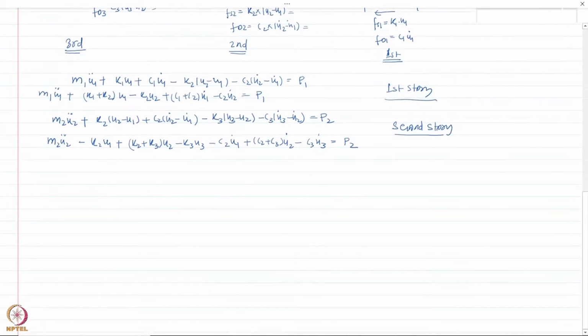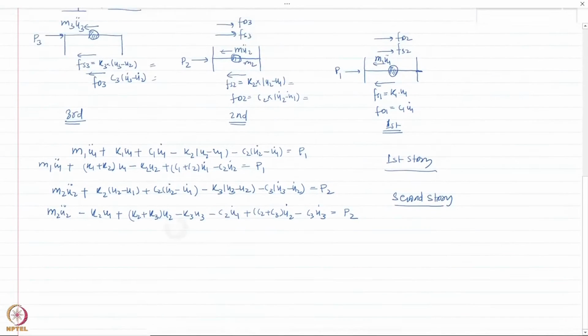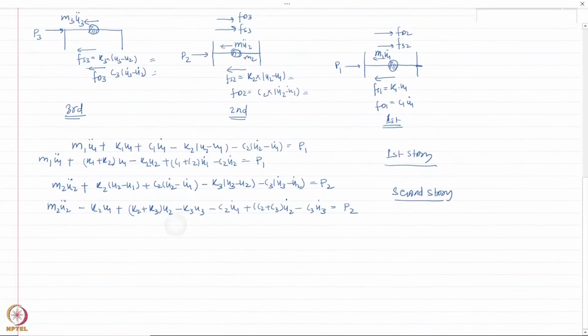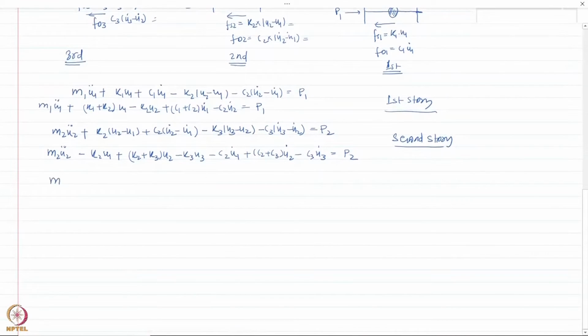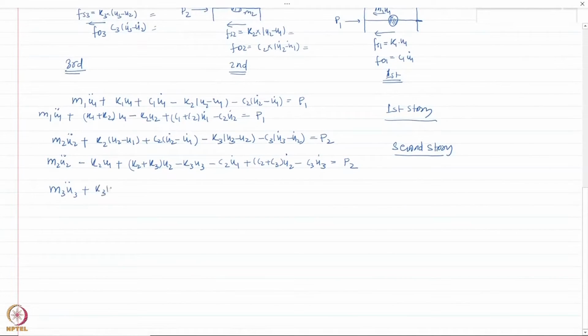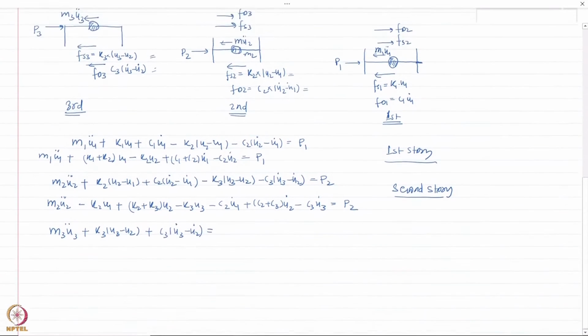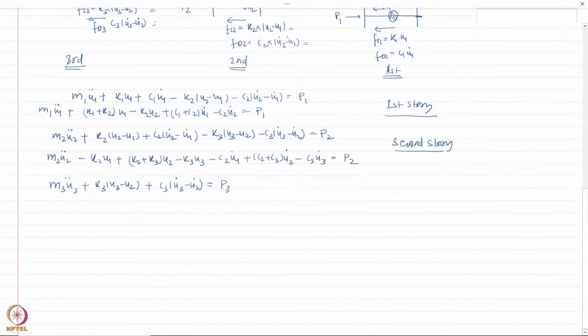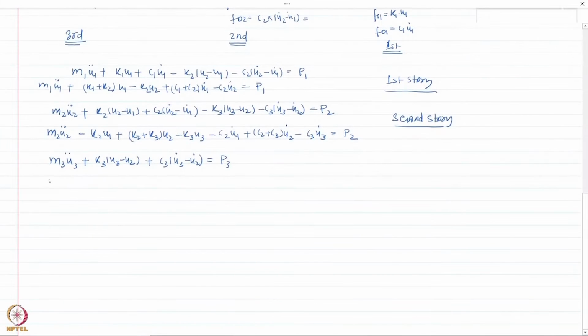Let us write down the equation of motion for the third story, which in fact is quite simple because there are no forces from above. So I would write it as m3 u3 double dot plus Fs3 and Fd3, which can be written as k3 times u3 minus u2, plus Fd3, which is c3 times u3 dot minus u2 dot, and this is equal to the applied force p3.